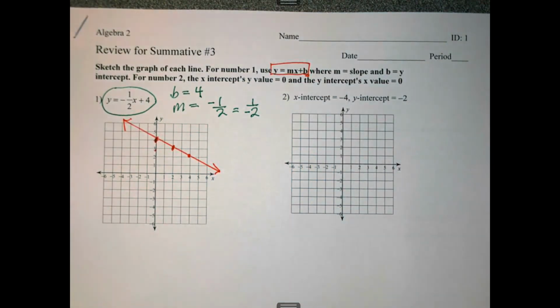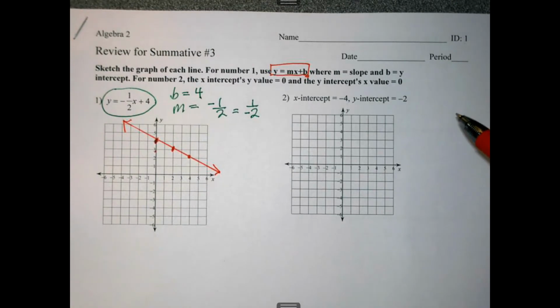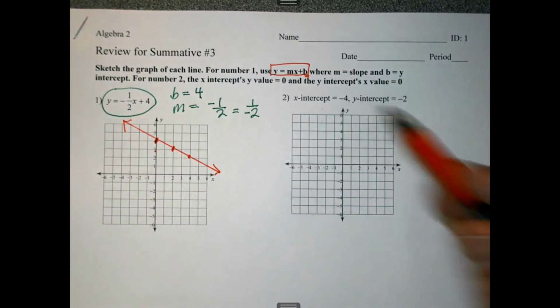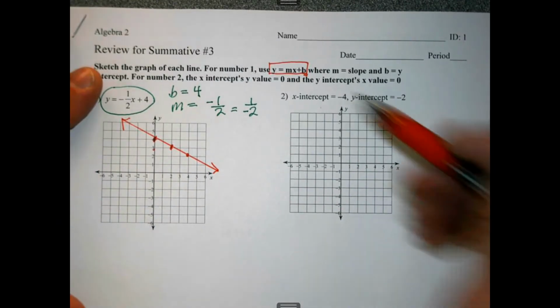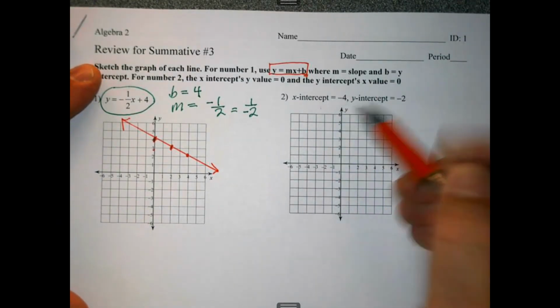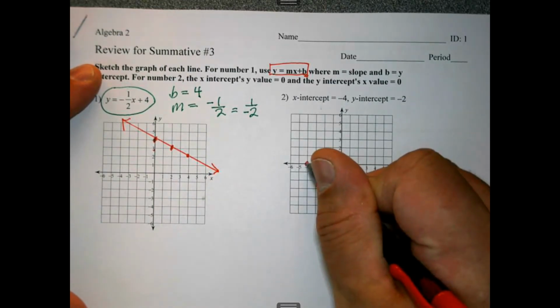Now, the last quiz that we had, I had you guys compute what the x and y intercepts were. That was a real big train wreck. I think there were only like 2 or 3 students that got it right. So this time I'm giving you the intercepts. You don't even have to compute what they are. The x intercept is negative 4. So on the x axis, it's negative 4.